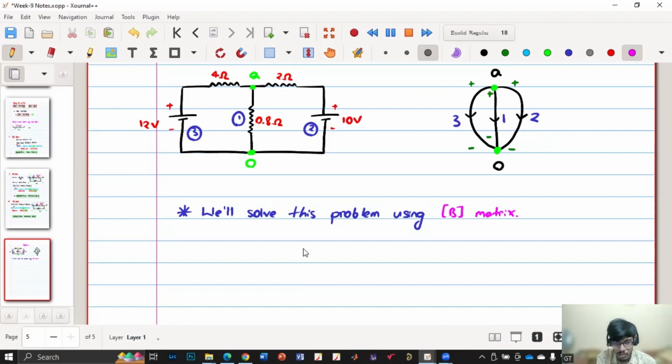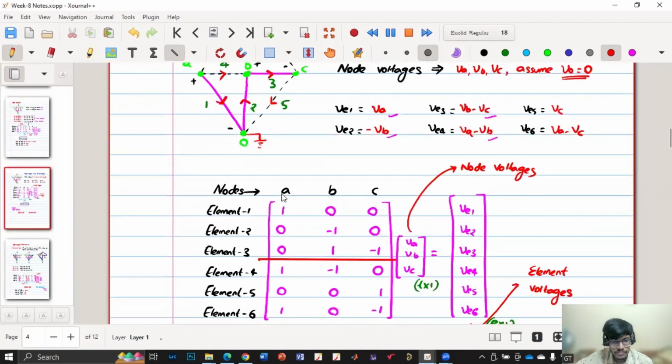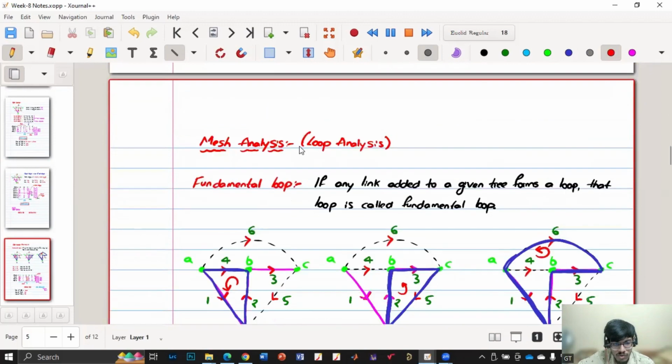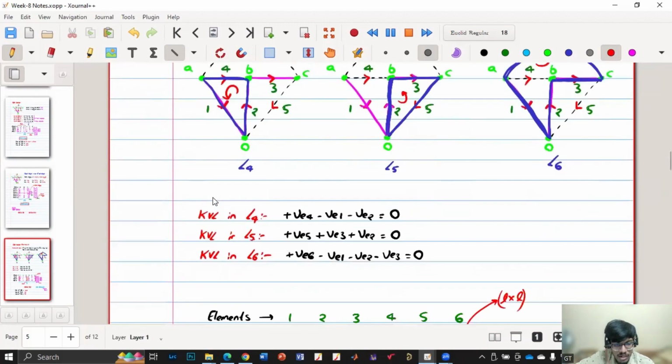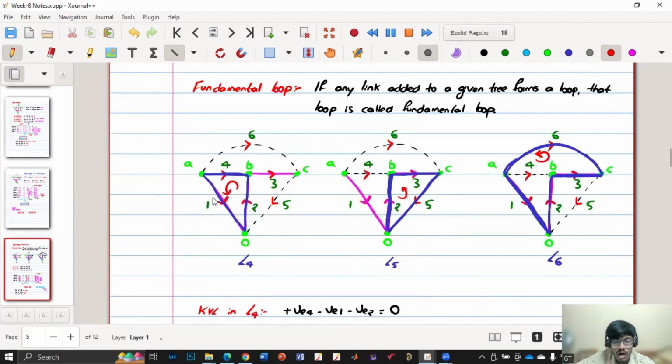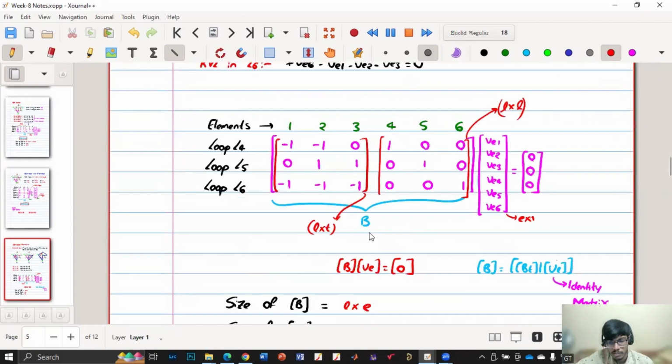For obtaining the B matrix, we know that we'll apply KVL in the fundamental loops. For getting the fundamental loops, I'll just show so that you can also follow. First we need to calculate the tree. Then we'll find the number of fundamental loops, or number of links, and then we'll apply KVL and we'll directly get the B matrix.